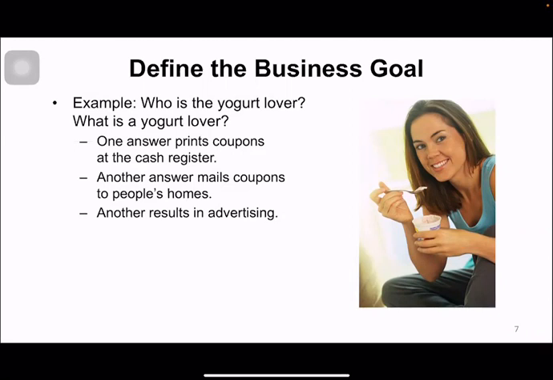If you can answer those questions, you can print coupons at a cash register to encourage their purchase of yogurt, or mail coupons to people's homes. Maybe you have a different advertising strategy, but the first question to solve is who is the yogurt lover in the database, and how do you define the yogurt lover?